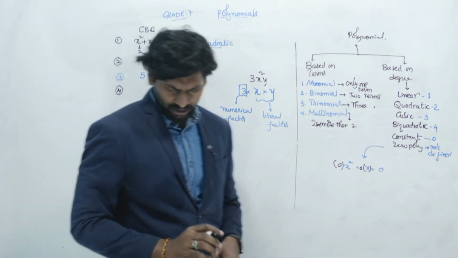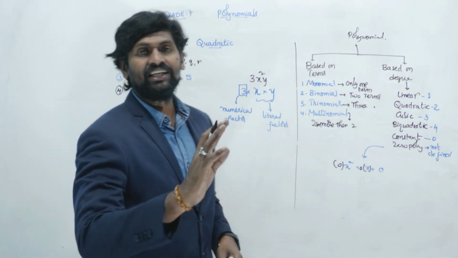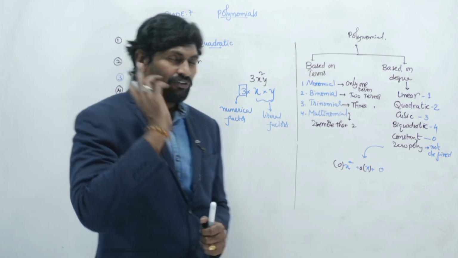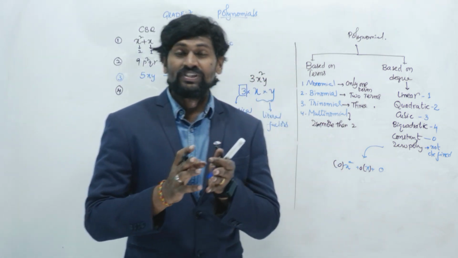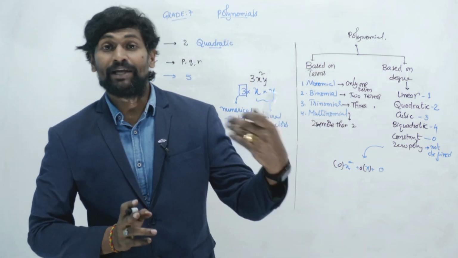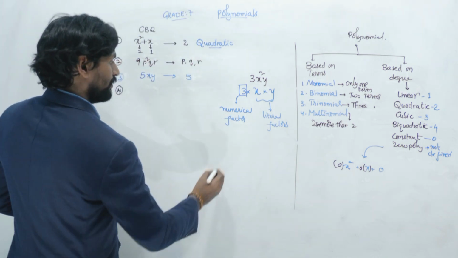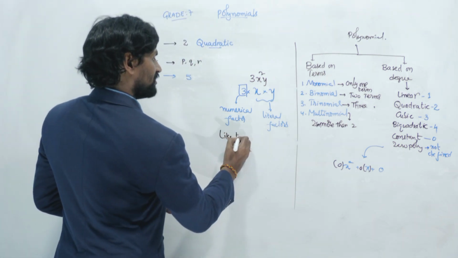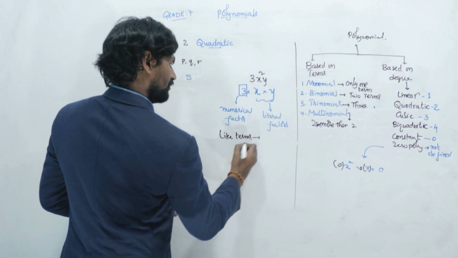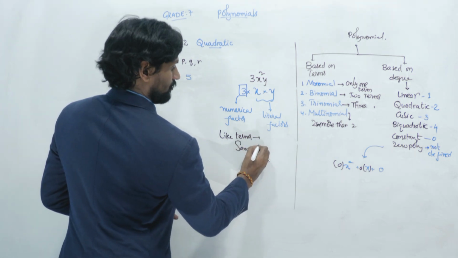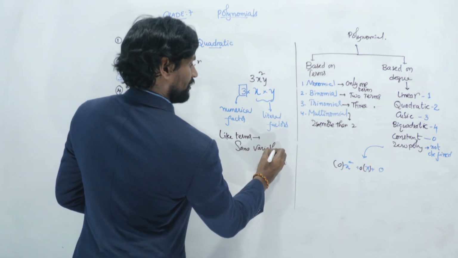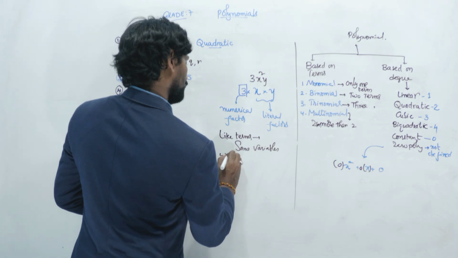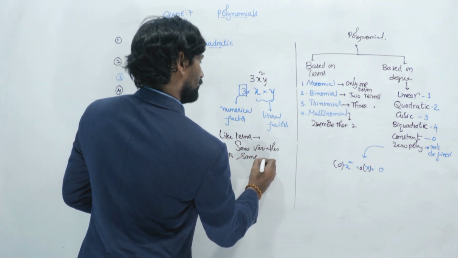Now, question number 4. Which of the following are like terms? I think you are already aware of like terms, nothing but the terms which contain the same variables with same exponents.